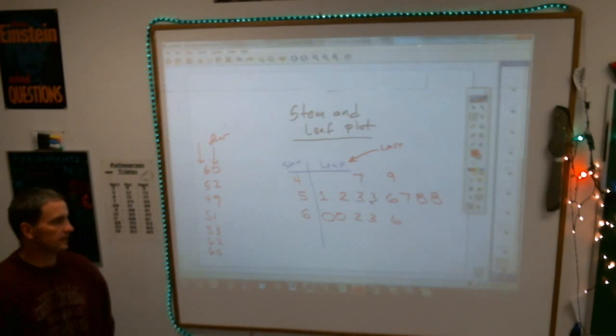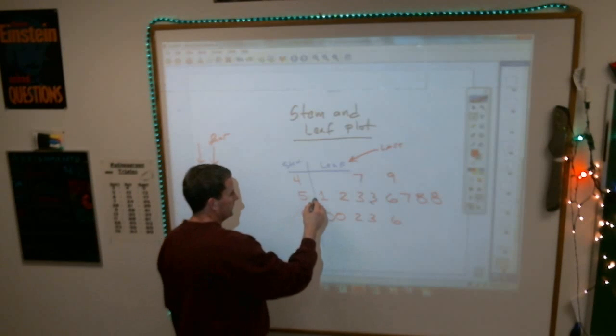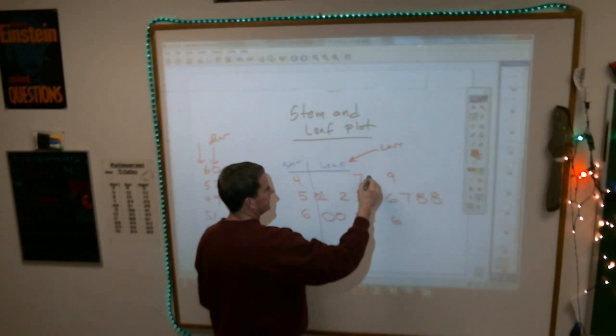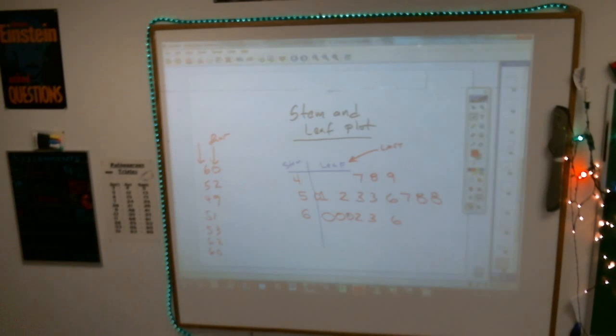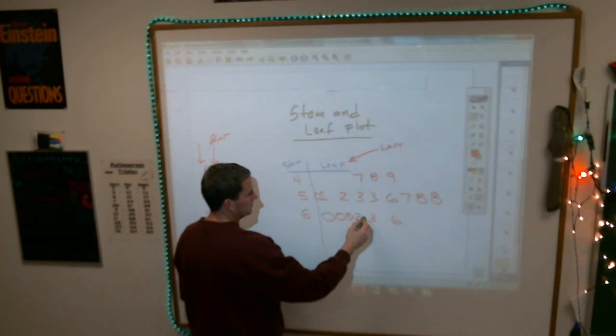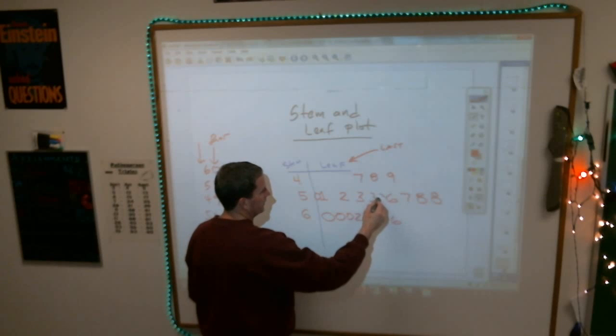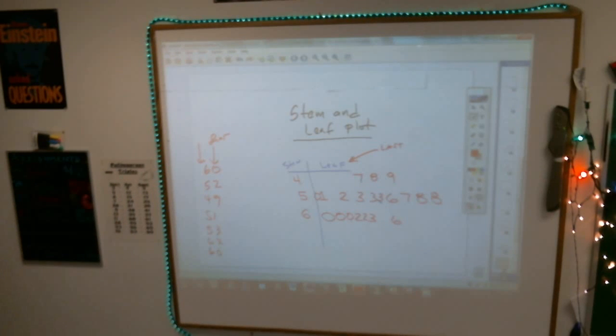How about that? Isn't this exciting? 50, 48, 60. 50, whoops, I should have left a number there. 48, another 60. And then 62 and 53. So there's my stem and leaf plot.